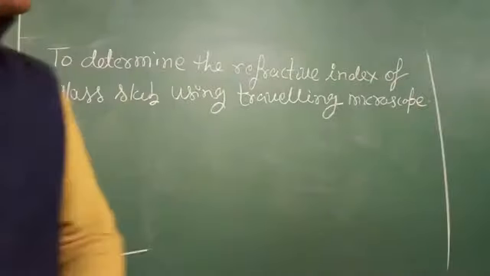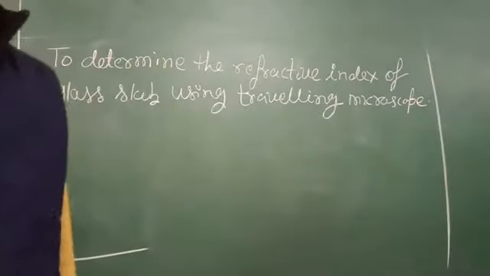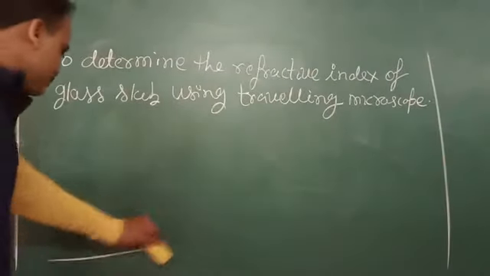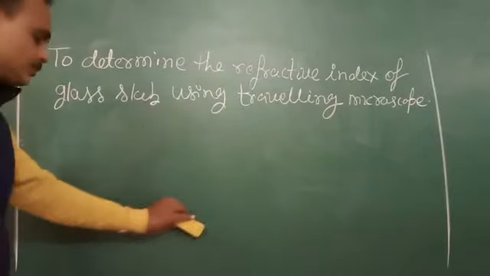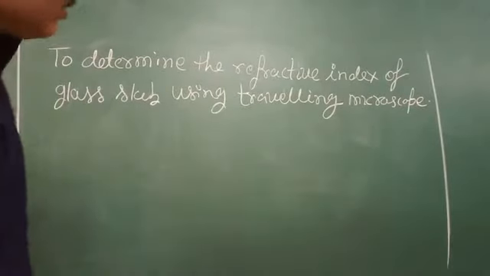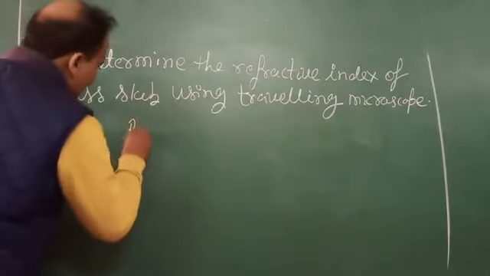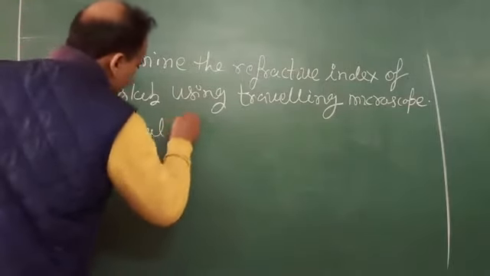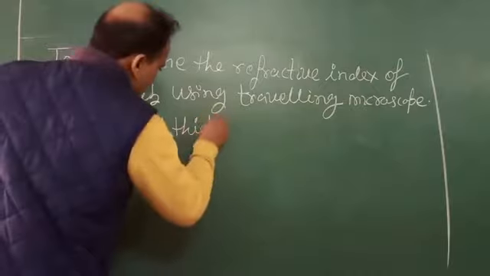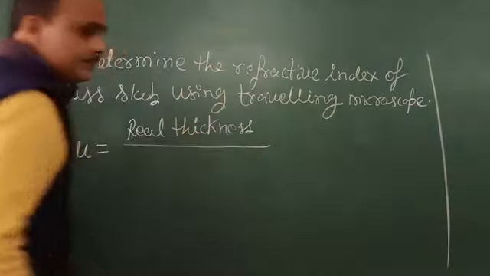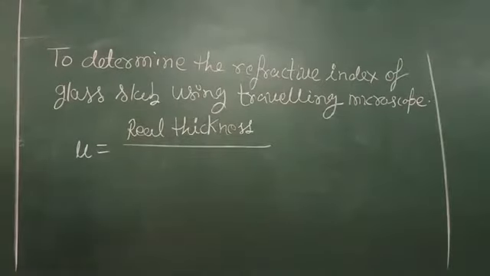So first we will study its theory and then apply the theory. The theory is: refractive index mu is equal to real thickness upon apparent thickness.